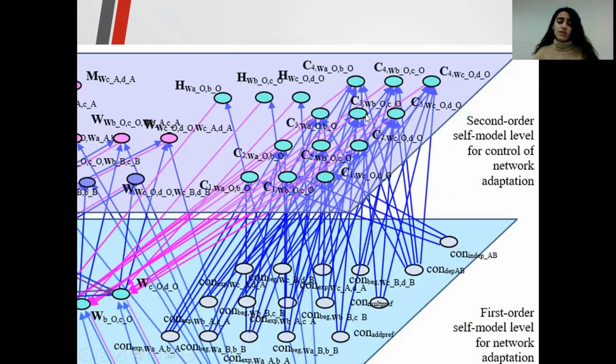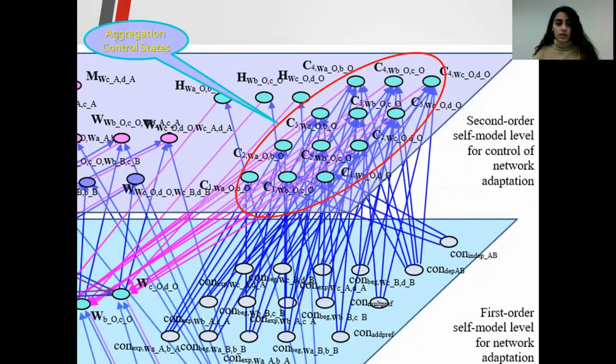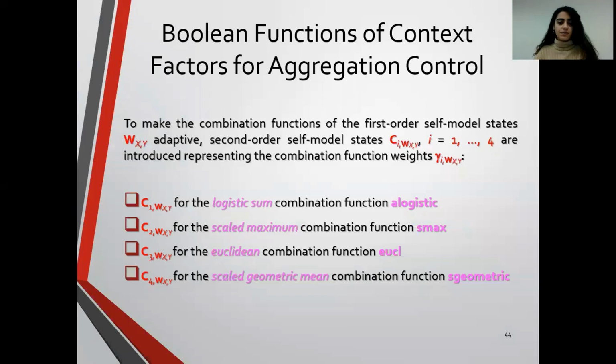The meaning of this is we have 4 different types of combination functions to combine the individual mental models. And these context states are again for 3 different contexts. I will explain it soon. These are aggregation control states, as I said, and these are context factors.